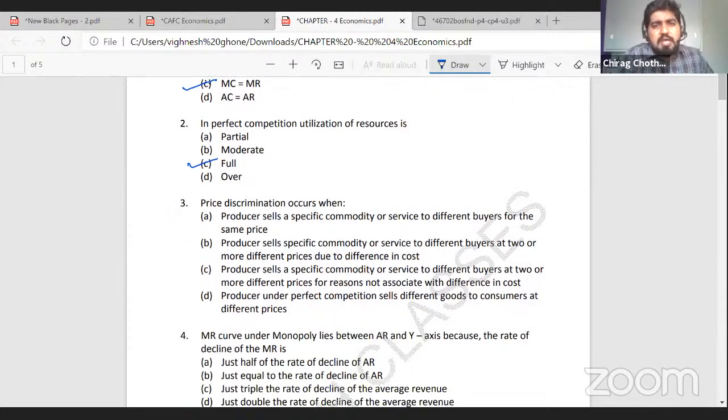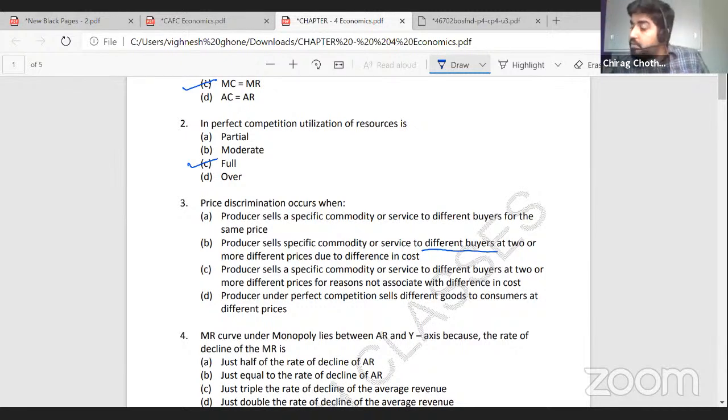Next one, price discrimination occurs when? Now, what do you mean by price discrimination? When we are trying to sell a product at different prices, yes or no? So let's have a look at it. Price discrimination occurs when producers sell a specific commodity or service to different buyers for the same price? No, no, no. Producer sells a specific commodity or service to different buyers at two or more different prices due to difference in cost. This may be the answer if we don't find a better version of it.